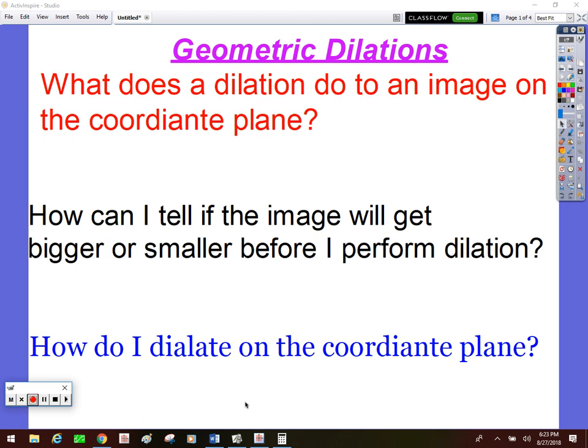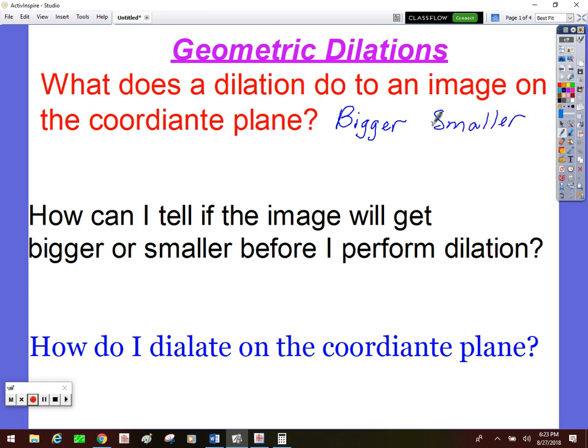Remember what a dilation does. That's the main question. What does a dilation do to an image? Well, on the coordinate plane, it's going to make an image either get larger or get smaller. It's either going to make it grow, which is going to get bigger, or it's going to make it get smaller.